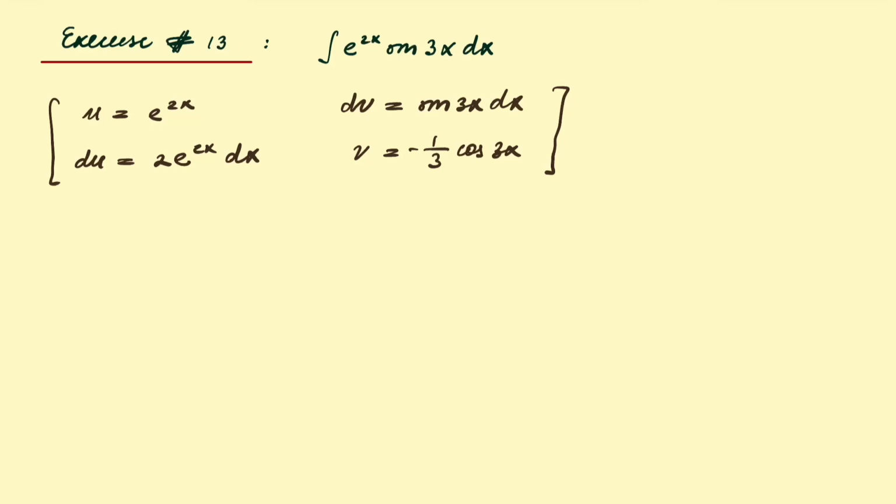Okay, and remember that we want to obtain the form of uv minus integral of v du. Okay, so our integral is equal to minus 1/3 e to the 2x times cosine of 3x minus integral of v du, right?